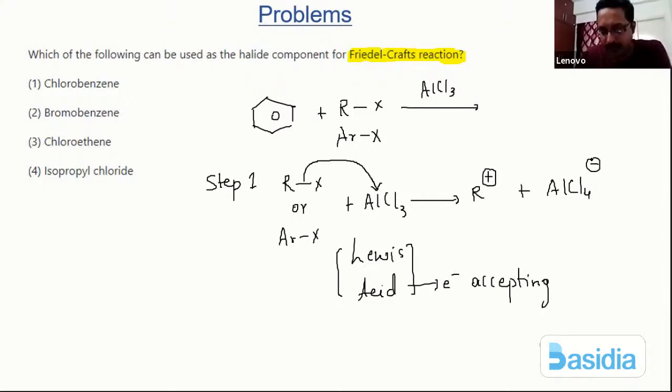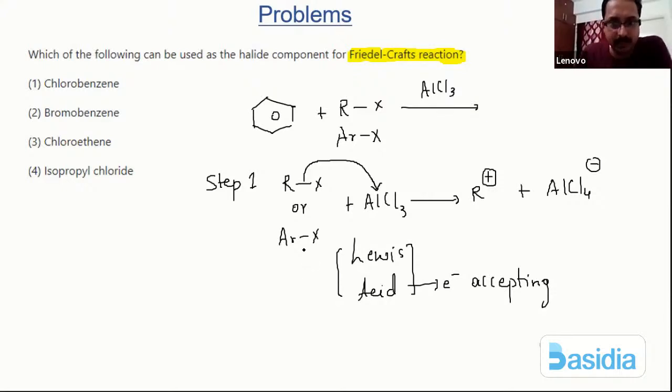Now the whole question comes down to this: when the reaction is following a carbocation formation, you just need to check which of the following is forming a stable carbocation. Again, forming a stable carbocation is a very important step in this particular reaction.